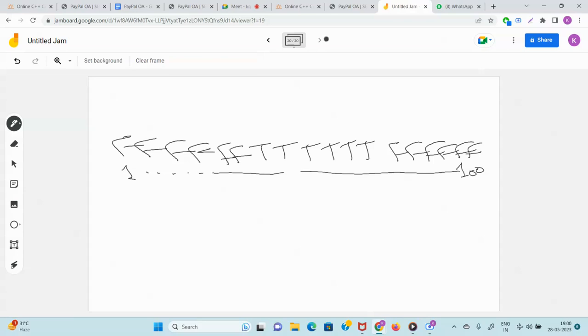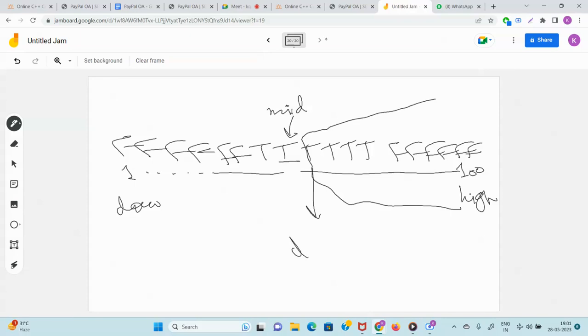Now what I'm saying is, say your mid is coming here, mid is saying true, and this was your low, this was your high. I am saying that don't stop at this mid. If it is true, there is more scope, you can get a higher value on the right side. So I'm saying now change the range to low equal to mid plus 1. So now your code will be checking only this part, because there is higher possibility of getting a bigger T.